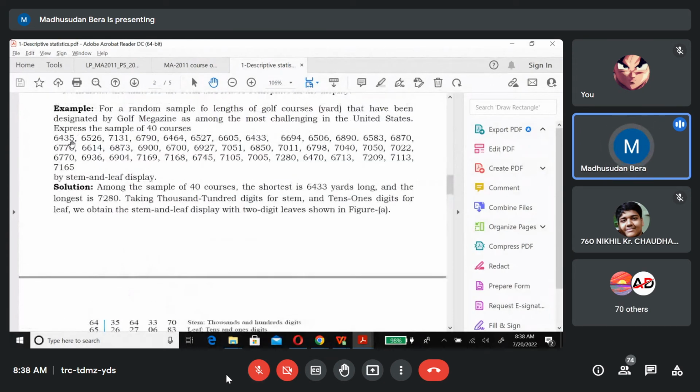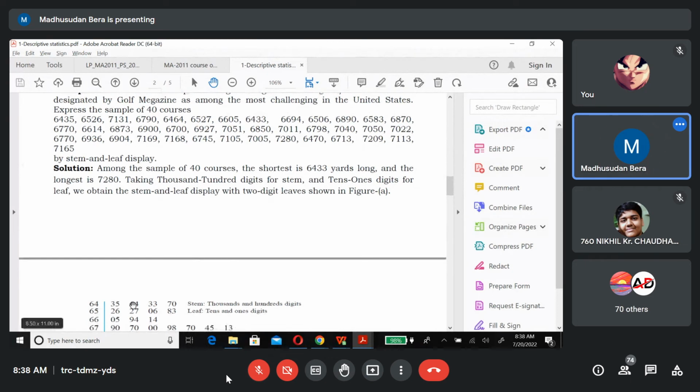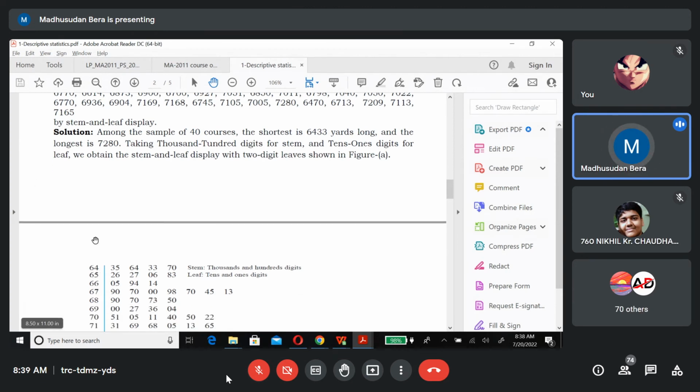Then for 64, we write the corresponding first and second position digits: 35, then again 64 with its digits, then 33, then 70, and no other for 64. Whatever is in the third and fourth position, we write first in ascending order.